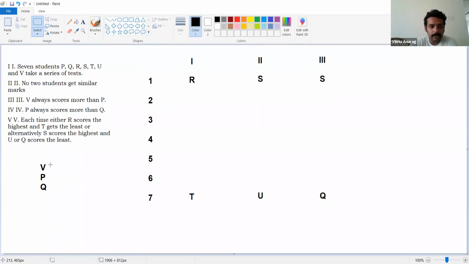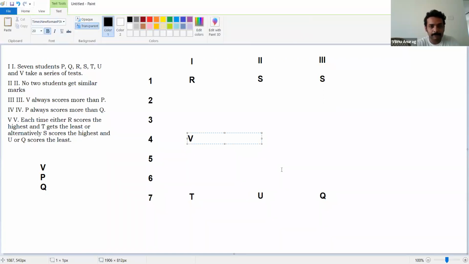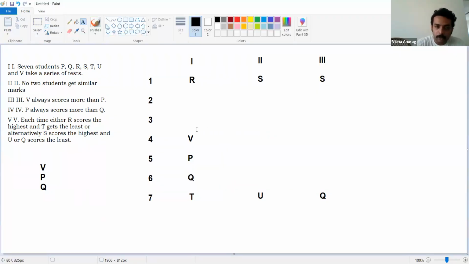Now if you see, we have to put P and Q also below V. So we cannot rank V lower than fourth. This is the maximum, because then you have to put P and then you have to put Q also, and T is already at the 7th spot. You can rank V no lower than fourth. The lowest is fourth. So B is the answer. 21B, fourth.